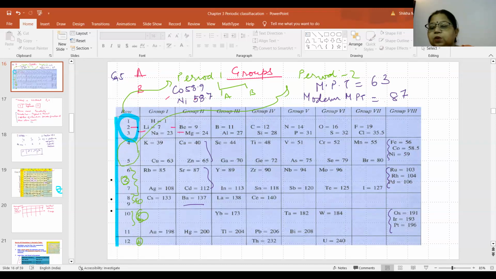Right? So what should come first, cobalt or nickel? Nickel.